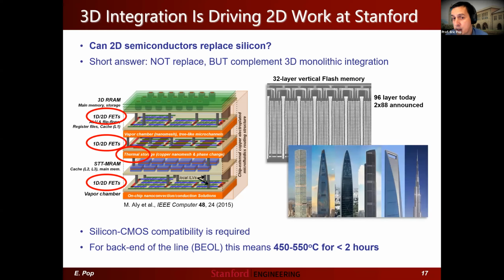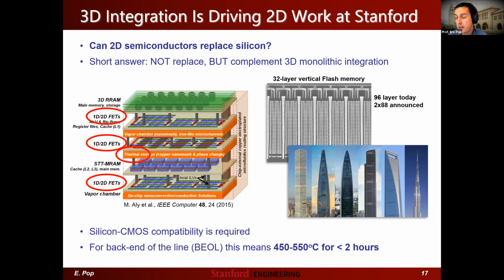I do want to emphasize that this 3D architecture is by far not something invented at Stanford. In fact, it's been around for a while. If you look at memory chips, memory companies have been doing 3D memory for at least 10 years commercially. This is a cross section of a 32-layer vertical flash memory. And I think this is the memory inside my laptop right now.